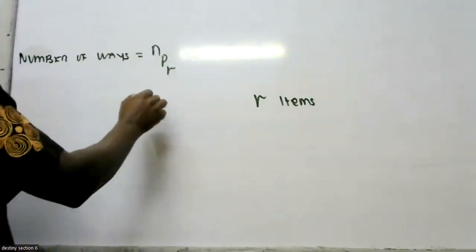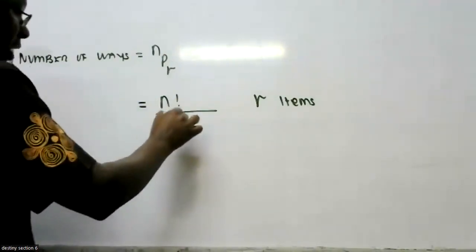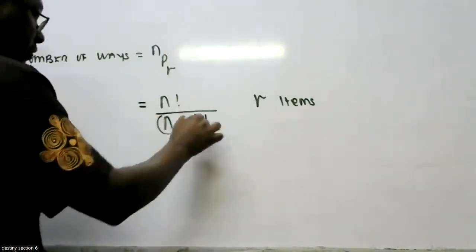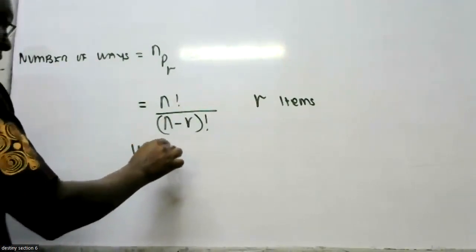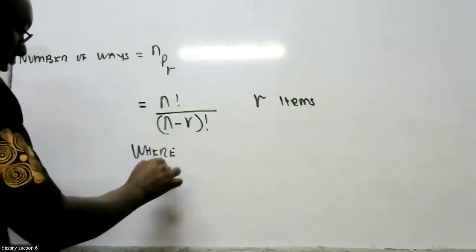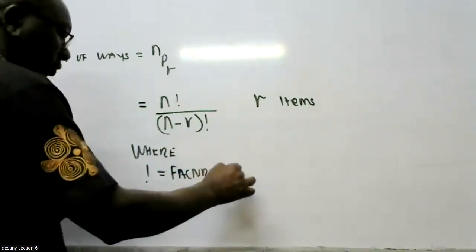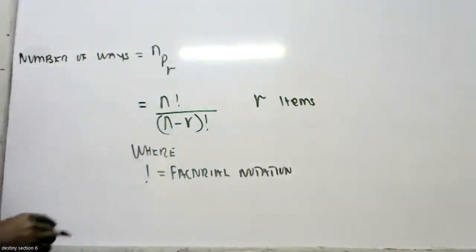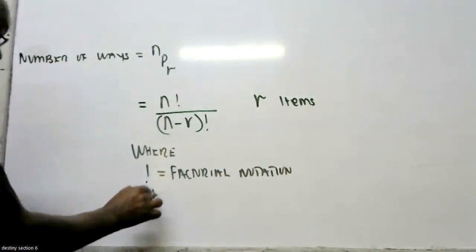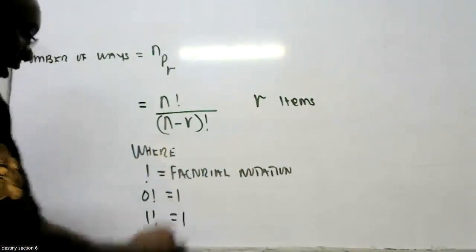Now this nPr is given as n factorial divided by (n minus r) factorial, where this sign here is called factorial notation. And 0 factorial is 1, and 1 factorial is also 1.